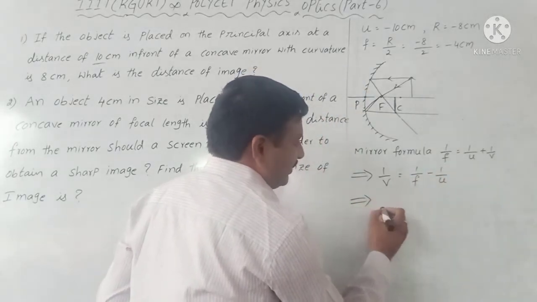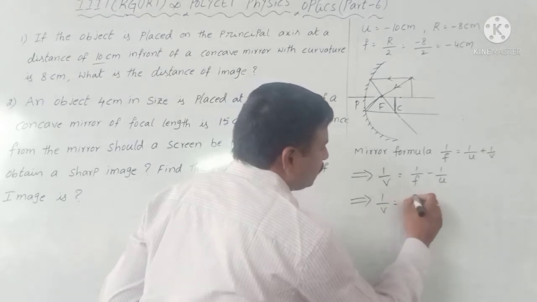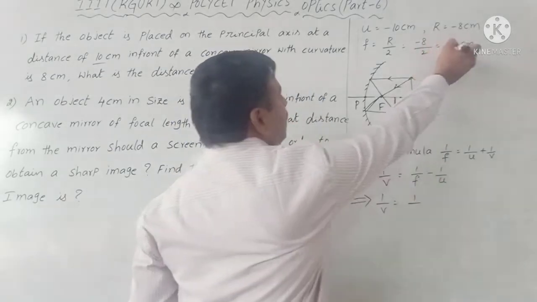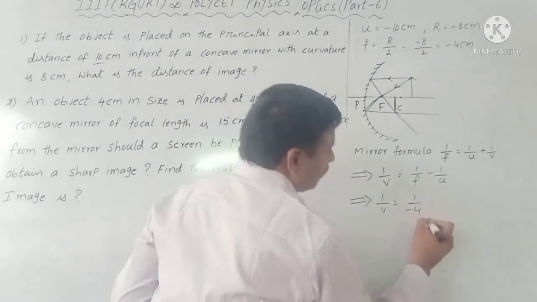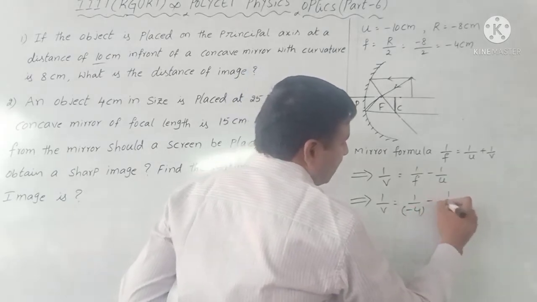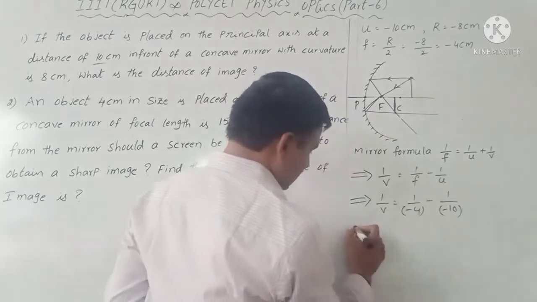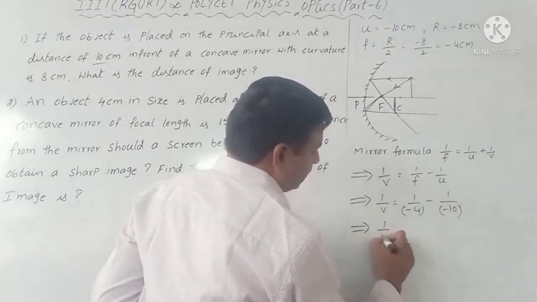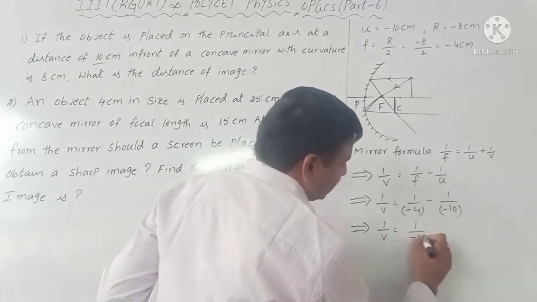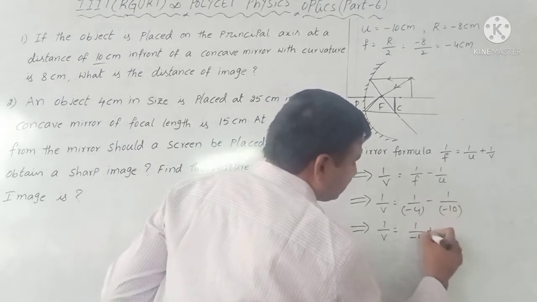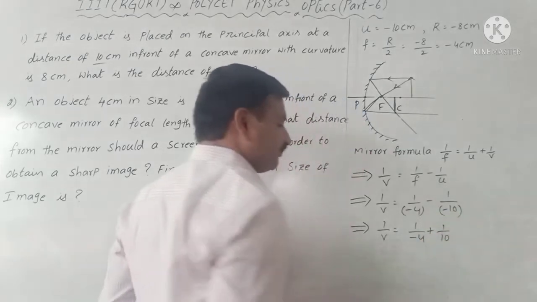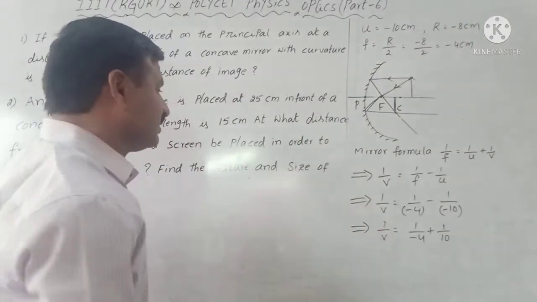Apply the sign conventions: f is minus 4, u is minus 10. That implies 1 by v is equal to 1 by minus 4, minus of 1 by minus 10, minus into minus plus, so plus 1 by 10.